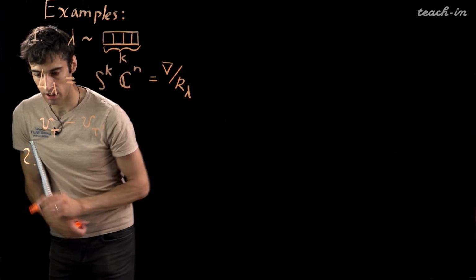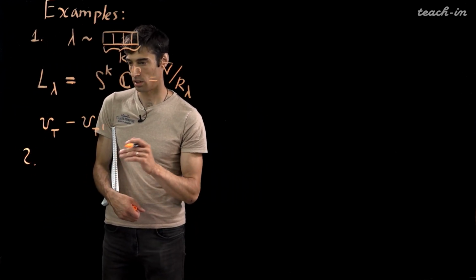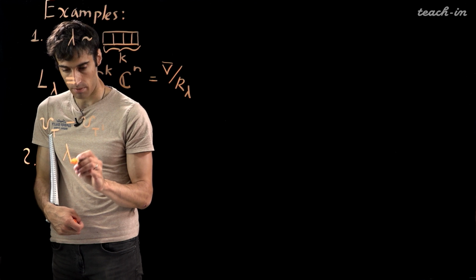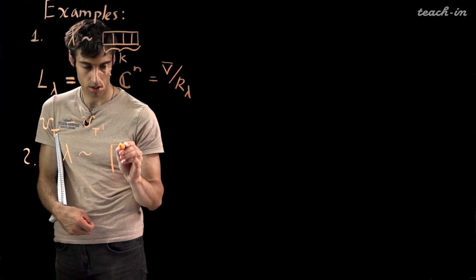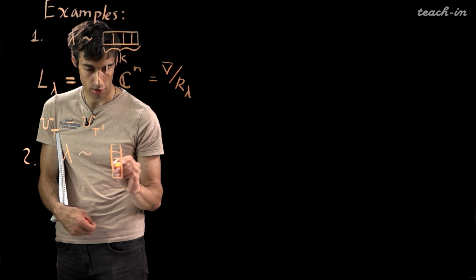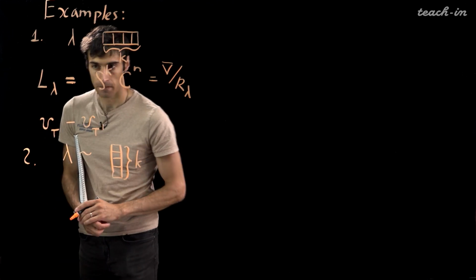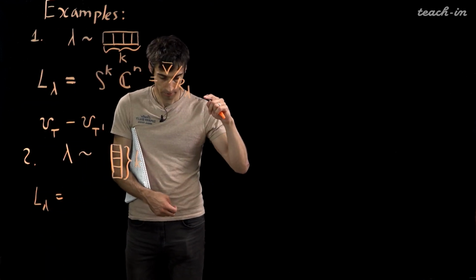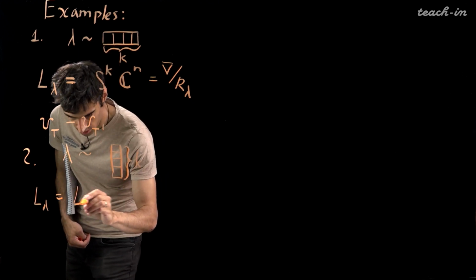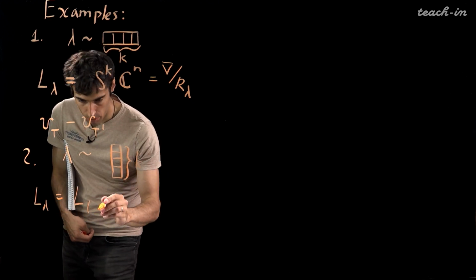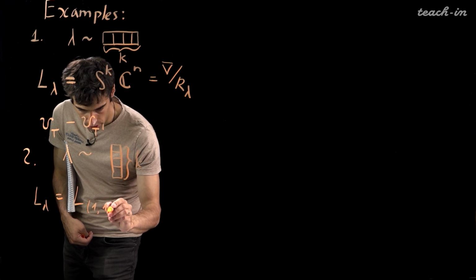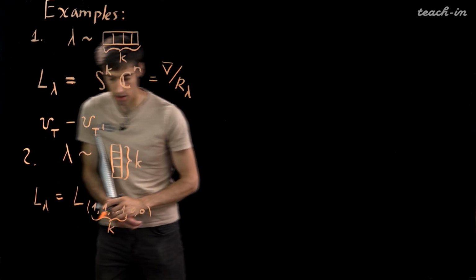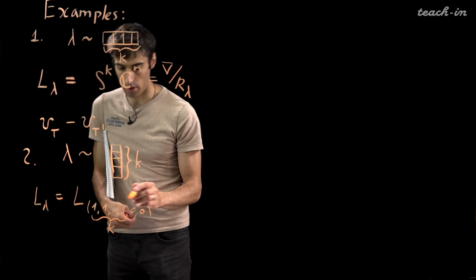And the second example that we also know, or should be familiar for at least somebody. It is when lambda corresponds to a Young diagram which is a column of k boxes. In this case, L lambda is a representation of highest weight of this sort, where I have k here, right?